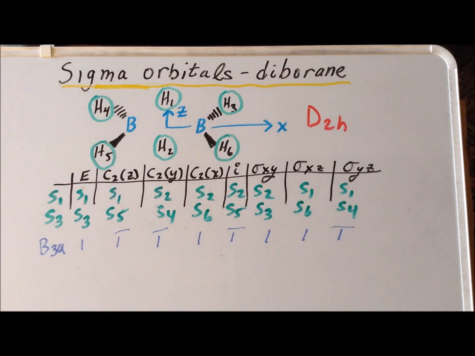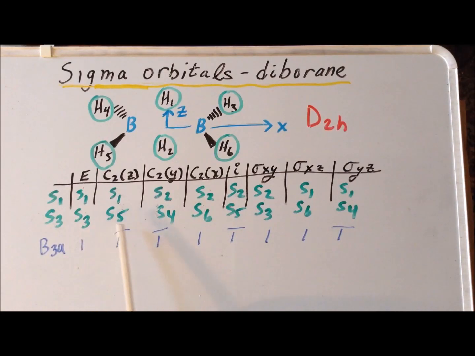The sixth and final irreducible representation that we have to work with is B₃, with the characters of a +1 and a -1 shown here. If we multiply the first row terms in green times the values in blue and add them together, they sum to 0, so that tells us that S1 and S2 do not contribute.